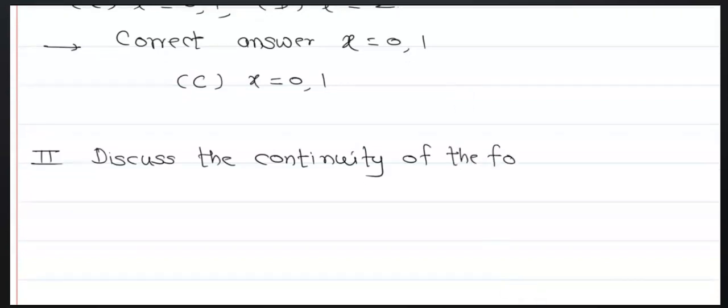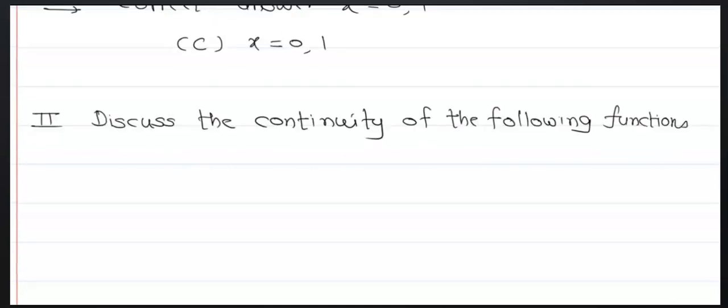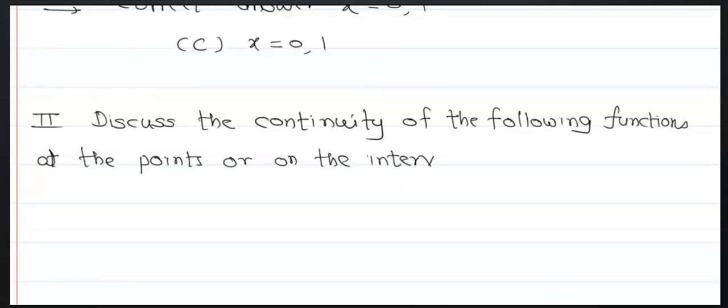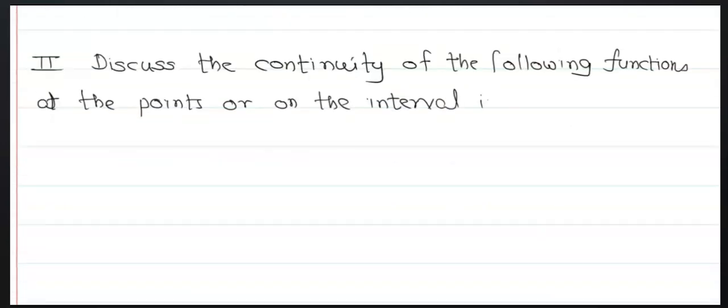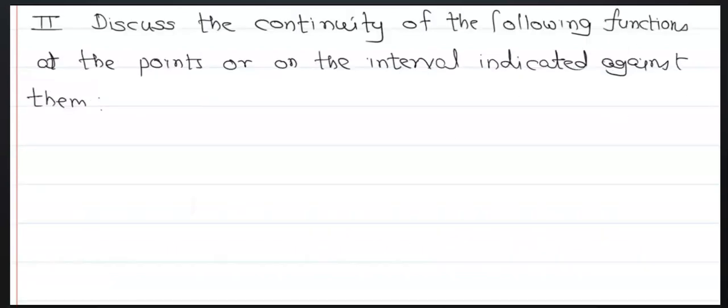Discuss the continuity of the following functions at the points or on the interval indicated against them.